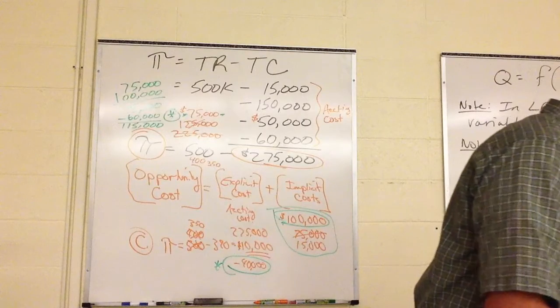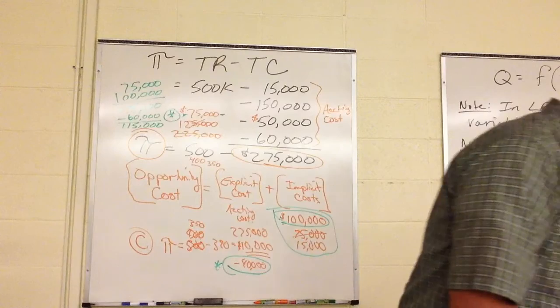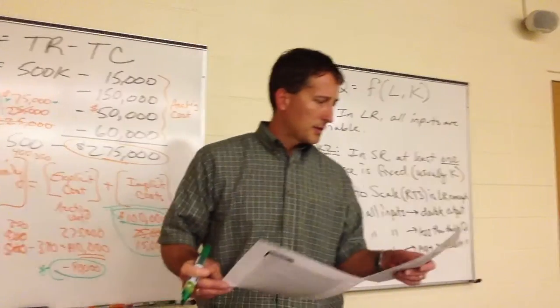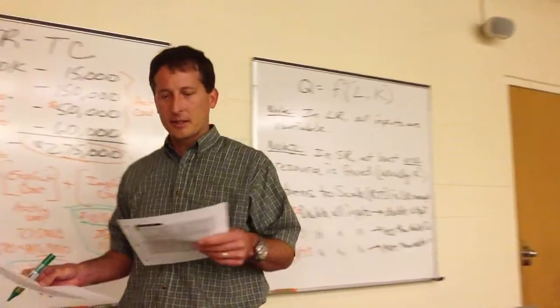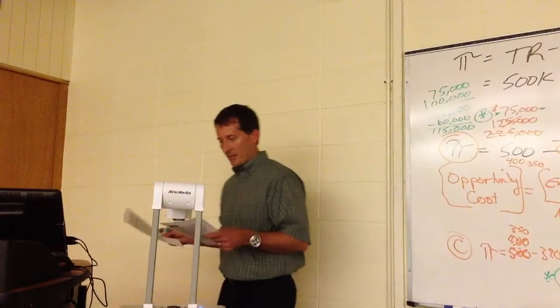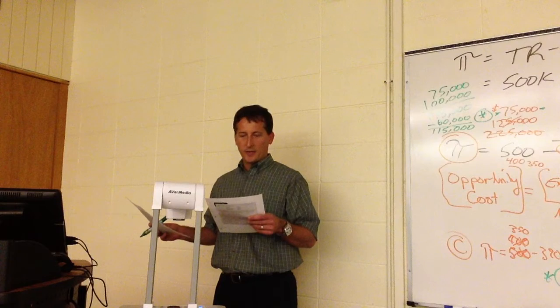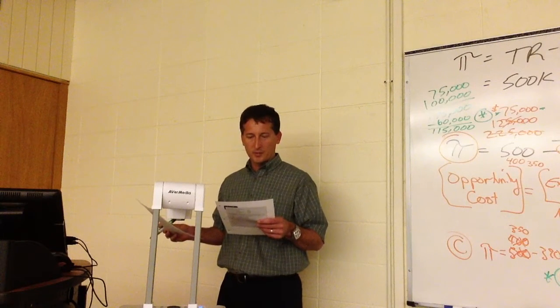On the next one, I'm going to kind of skip a little bit, but go ahead and read the problem. So we've got Fields Forever, a small farm that grows strawberries to sell to local farmers. It produces strawberries using 5 acres of land that it rents for $200 per week. Fields Forever also hires labor priced at $250 per worker.